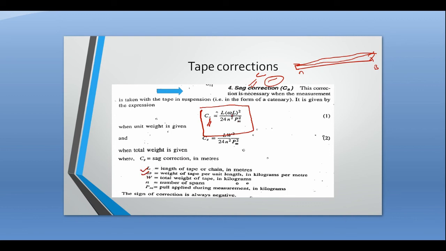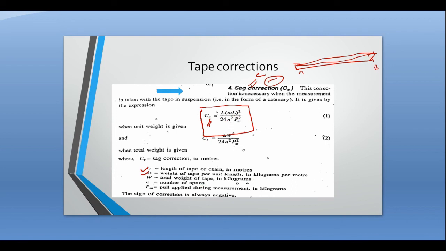Remember that sometimes capital W will be given and sometimes small w will be given. If small w, it is the weight of the tape per unit length, and you have to multiply by L here, then you will get the total weight of the chain. So W into L, you have to square it, divided by 24 N square. What is N here? N is the number of spans.